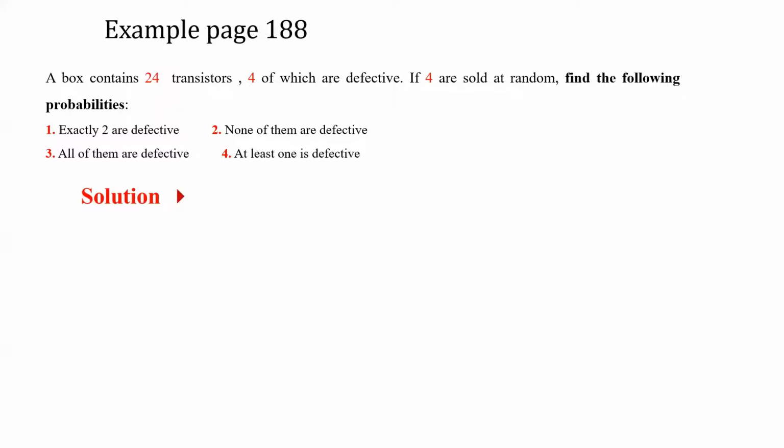So here, instead of "4 are solved at random", where solved means without replacement, we need to write "if 4 are selected with replacement at random". So instead of "are solved", let's write "are selected or drawn with replacement".